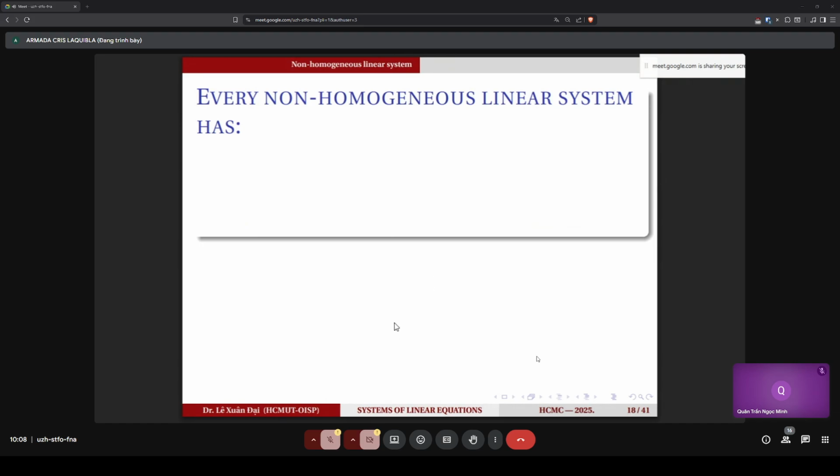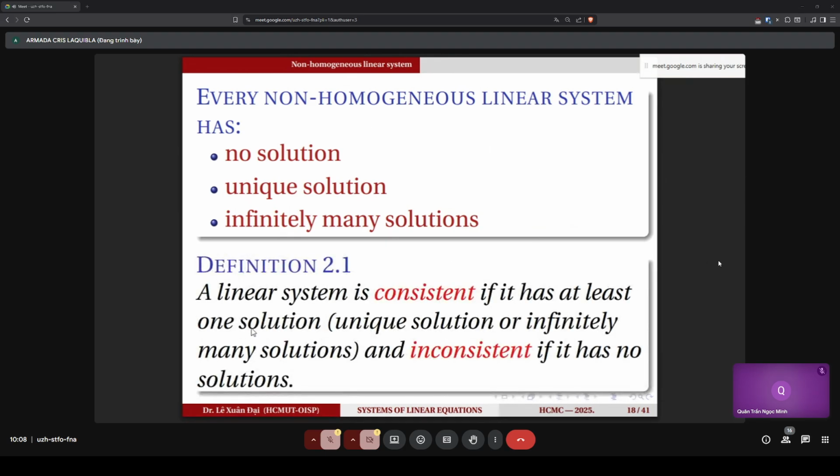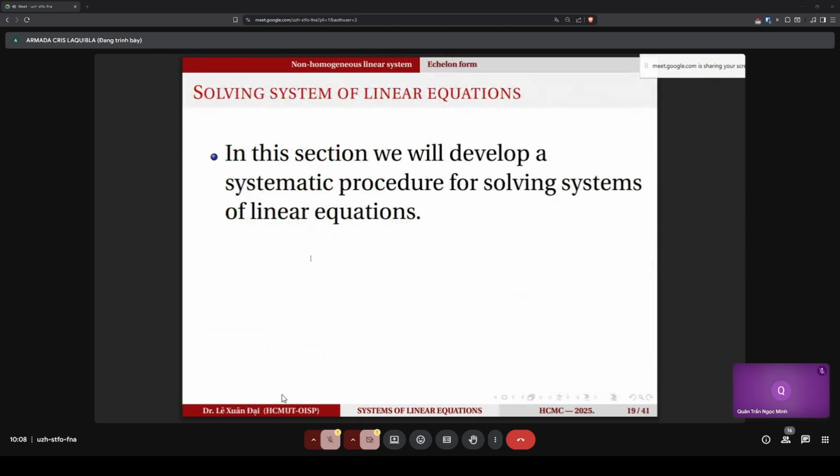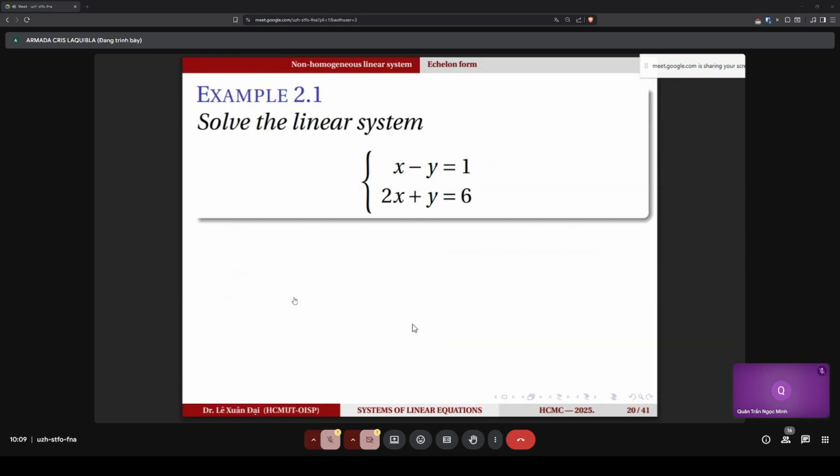So every non-homogeneous linear system has no solution, a unique solution, or infinitely many solutions. A linear system is consistent if it has at least one solution, the unique one or infinitely many solutions, and inconsistent if it has no solutions. Okay, so we have this information.